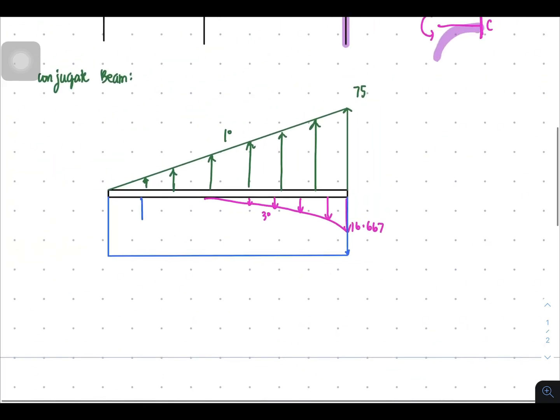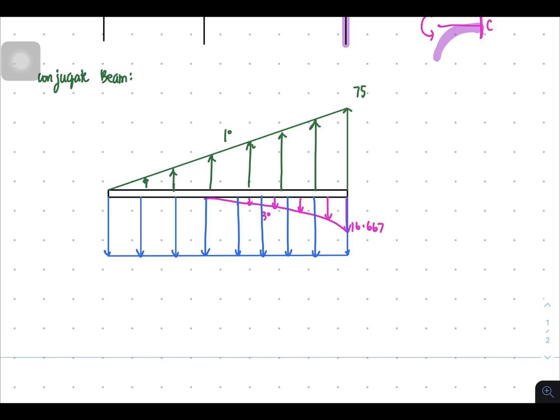Do not forget, it is downward now. So remember that there are two loads there.